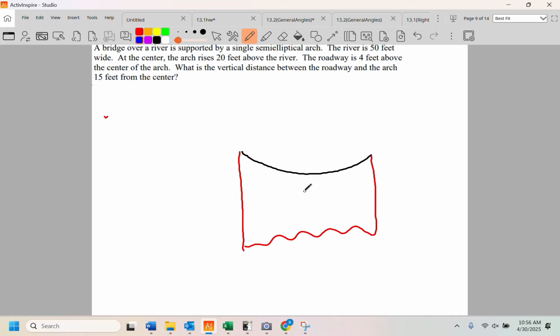The river is 50 feet wide, which means that the roadway is going to be 50 feet wide. At the center, the arch rises 20 feet above the river. Okay, that's good information to know. This is 20. No, I still don't have my arch right.